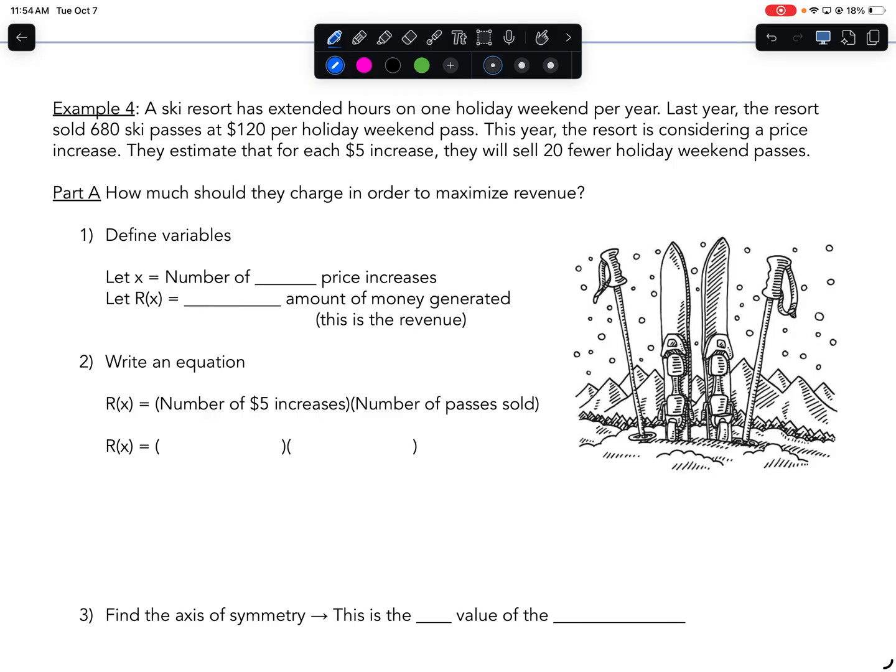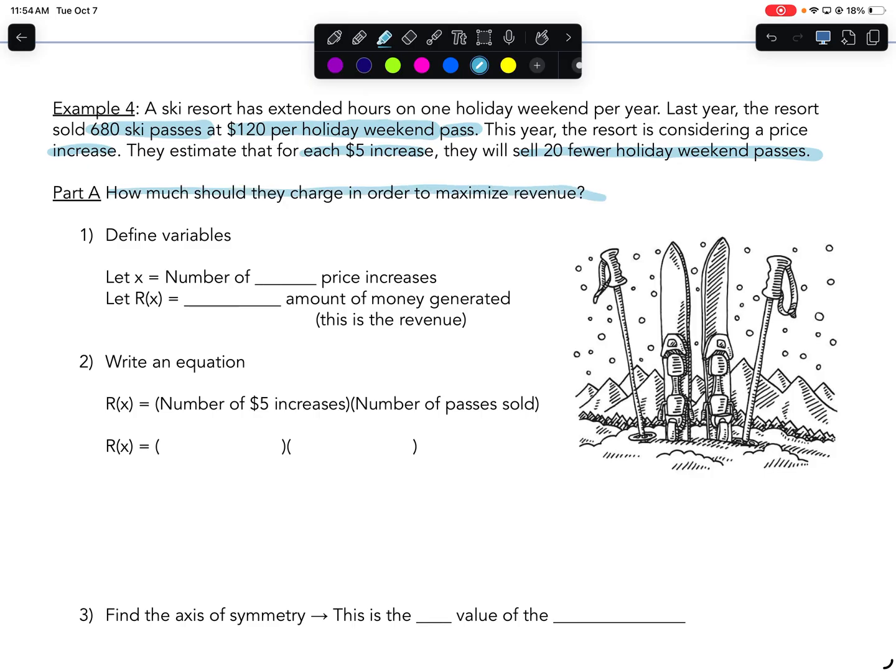Last year, the resort sold 680 ski passes at $120 per holiday weekend pass. This year, the resort is considering a price increase. They estimate for each $5 increase, they'll sell 20 fewer holiday weekend passes. So we need to know how much money should they charge in order to maximize revenue.